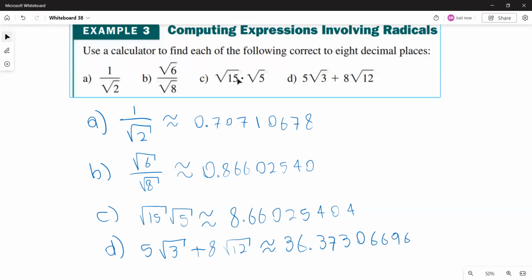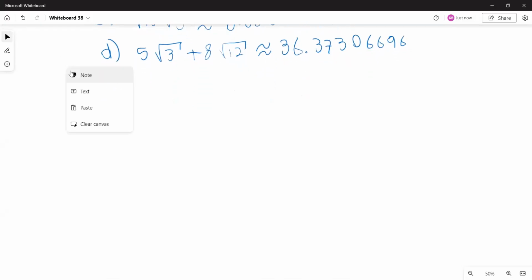Okay, so I'm going to read the properties of real numbers from page 277. Just let me type this. Properties of real numbers.